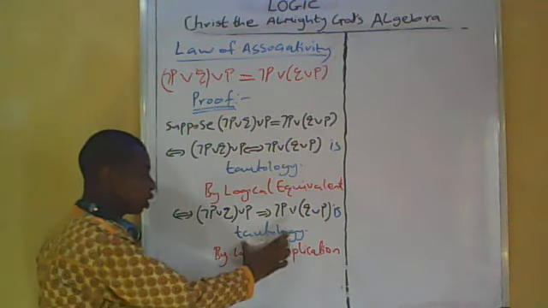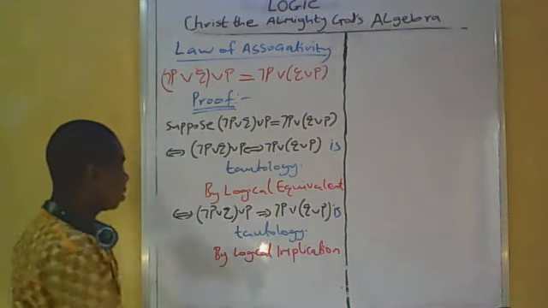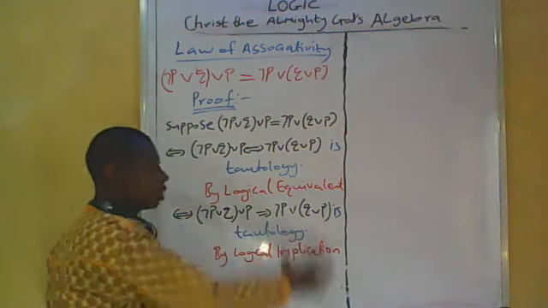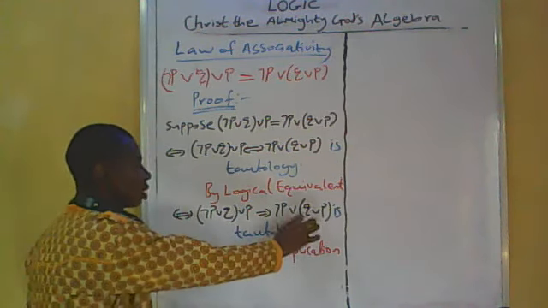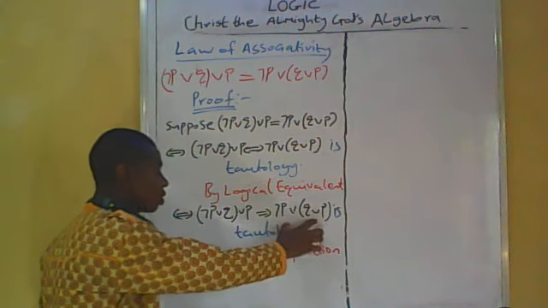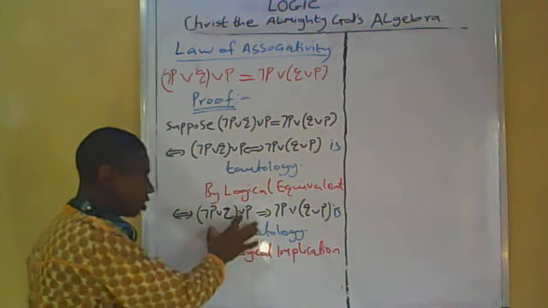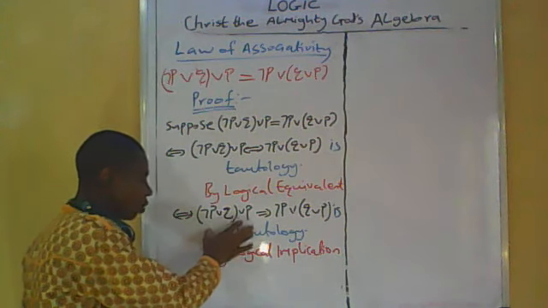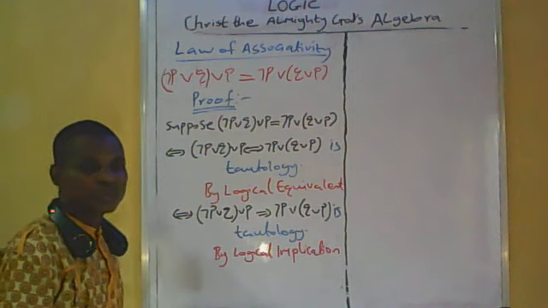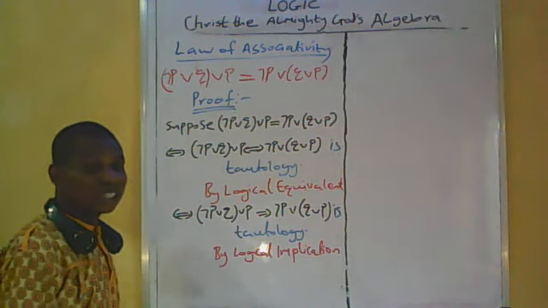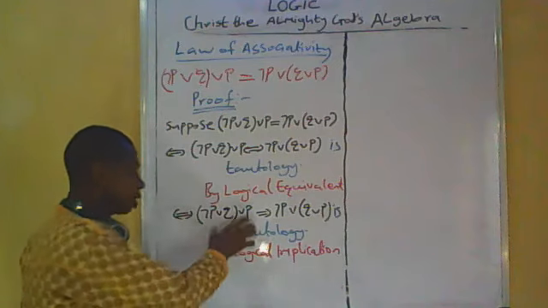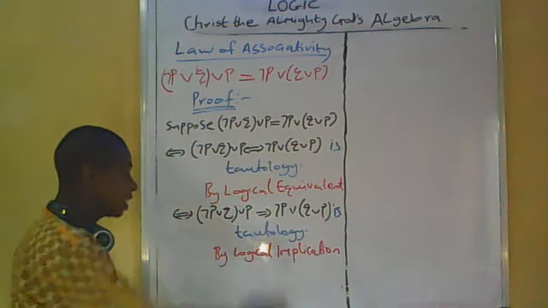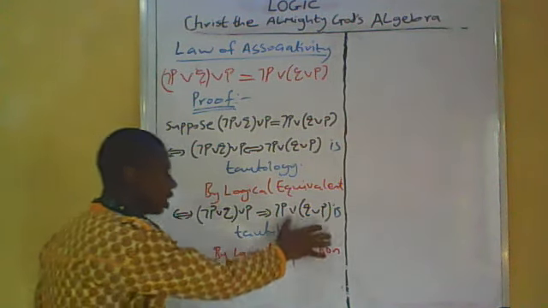Since the statement is tautology, it means that the antecedent is the logical implication of the consequence, and also the consequence is a logical consequence of the antecedent. I mean, this antecedent, this not P or Q in brackets or P. So that it is certain that they exist. The implication exists, and also the consequence exists.